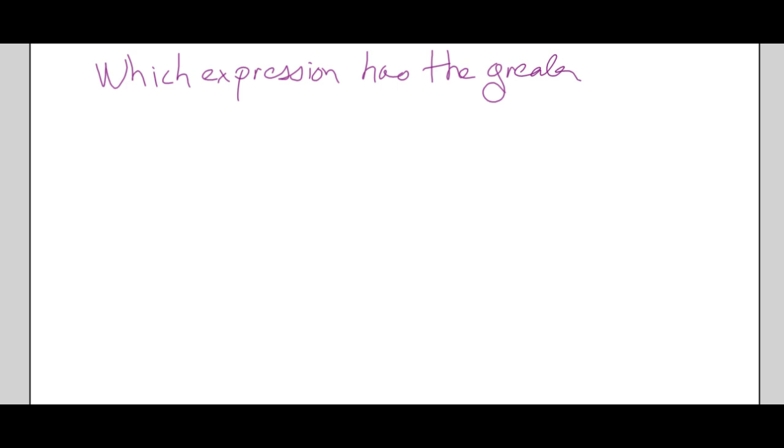Okay, which expression has the greater value? I was going to ask 2. I mean, I could see this as a numeric response question where they give you 4 expressions. You evaluate them, and then you put them in order from smallest to largest or from largest to smallest, right?